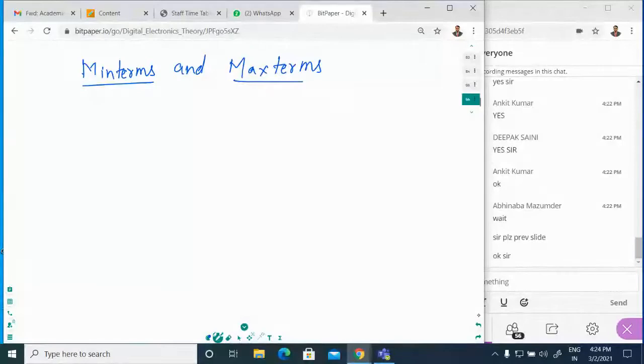What are min terms and max terms, and how can you represent these? Okay, so n binary variables have 2 raised to power n possible combinations, and each of these possible combinations is called a min term or standard product. So how can you represent min terms? Min terms can be represented by the sum of the values, like this. And how can you represent the max term?